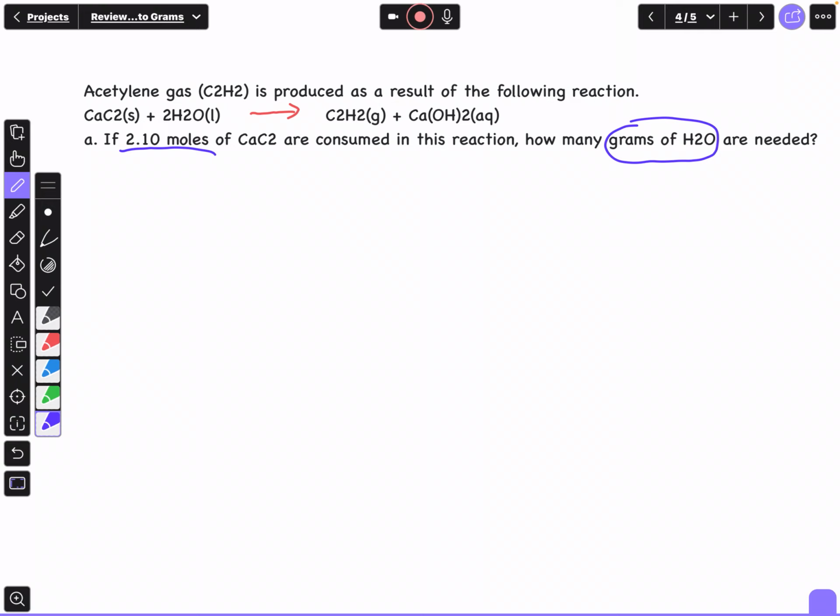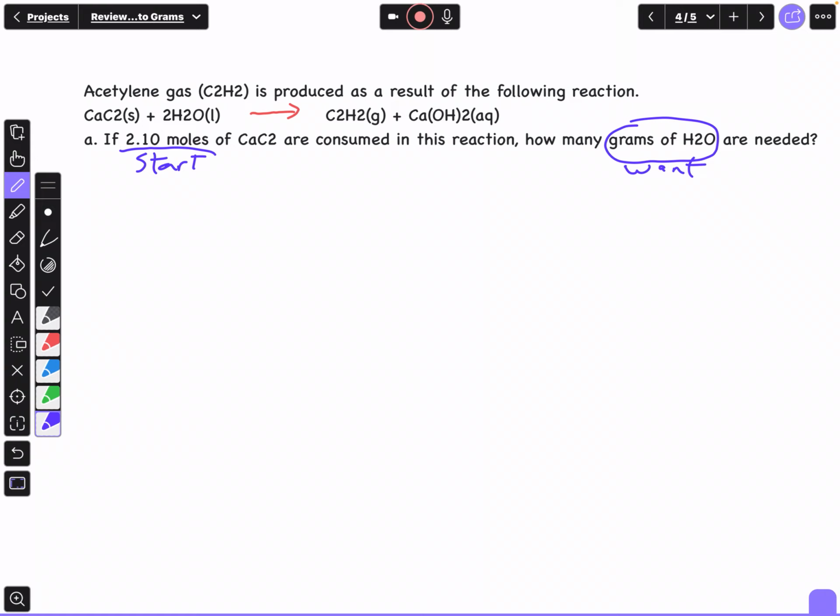So I notice it is a moles to grams problem, so it's going to be 2 steps. This is my starting substance, or my known substance. That's what I'm starting with. And this is what I want right here, grams of H2O.